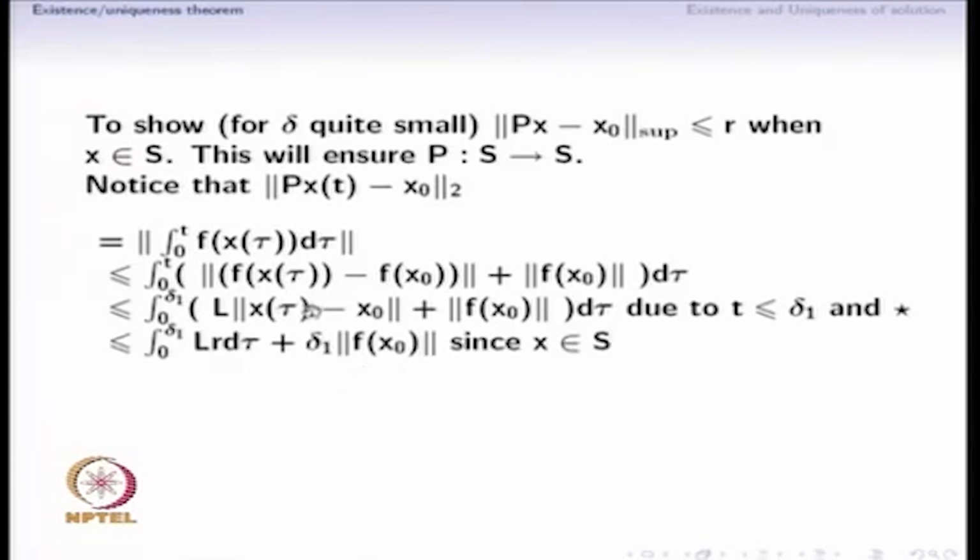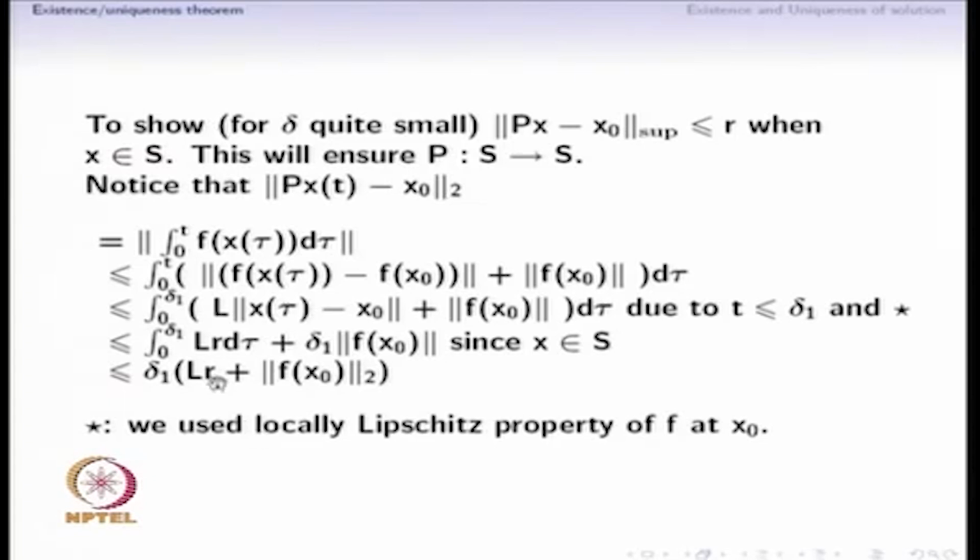Since x of tau minus x naught is at most equal to r, because the function x is inside S, this quantity is at most r. So, we have replaced the 2 norm of x of tau minus x naught by r, the maximum distance it can be away from x naught. And the second quantity, because it is the integral of a constant, we have removed f of x naught and replaced the integral of d tau by delta 1.